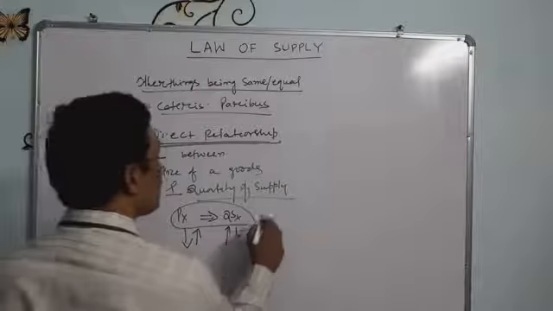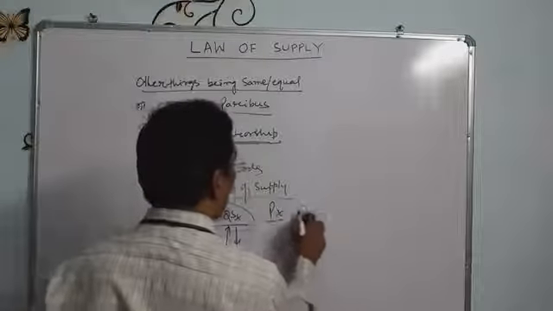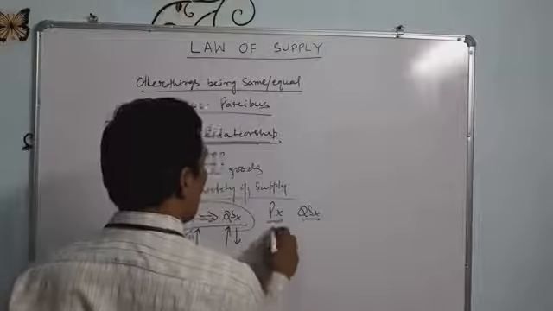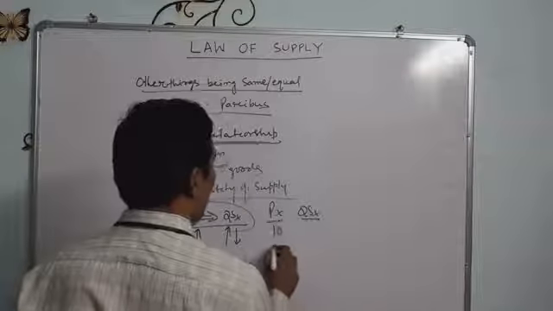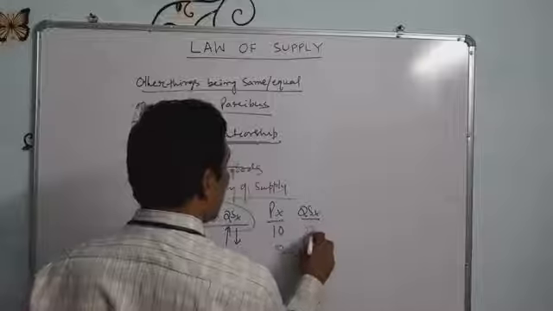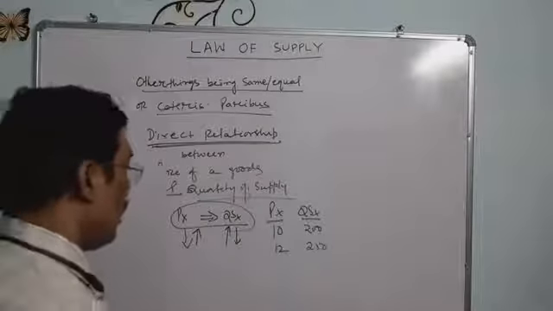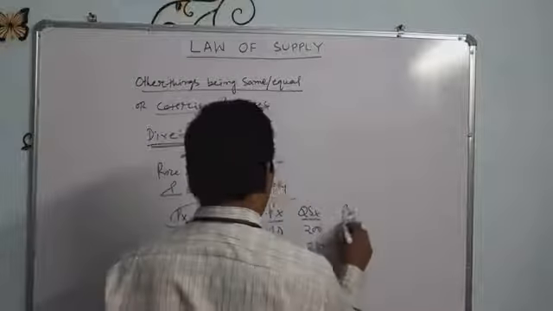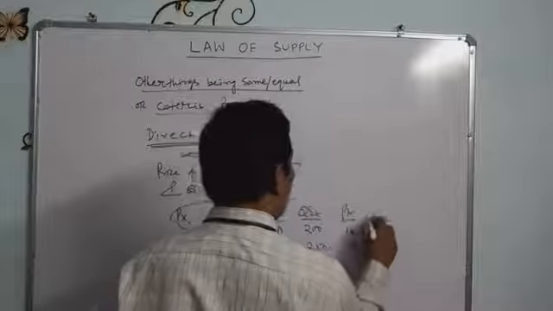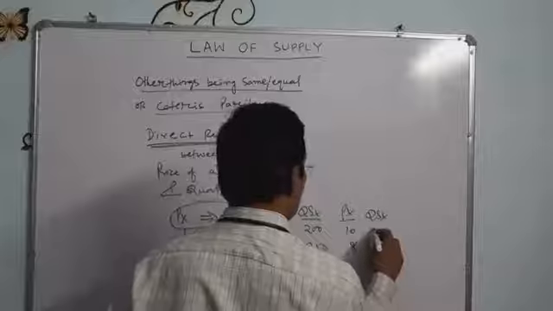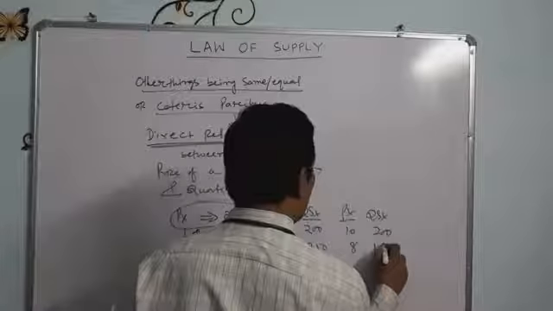For example, price of X goods and quantity of supply of X goods. Price increases from 10 to 12, quantity supplied may increase from 200 to 250. Or we may say the price of X falls from 10 to 8, quantity of supply of X goods falls from 200 to 150.